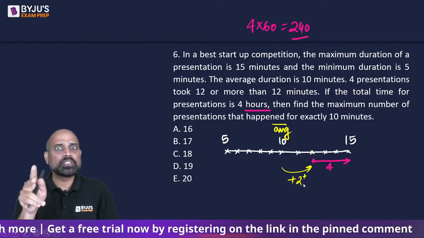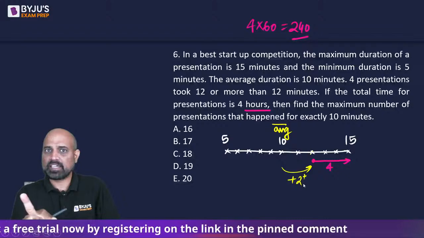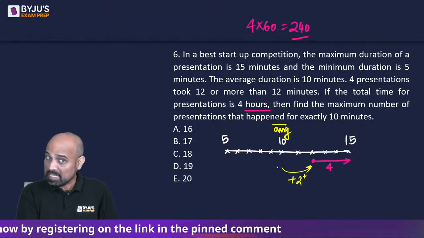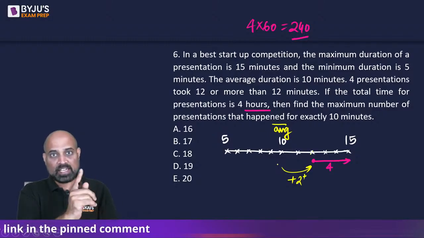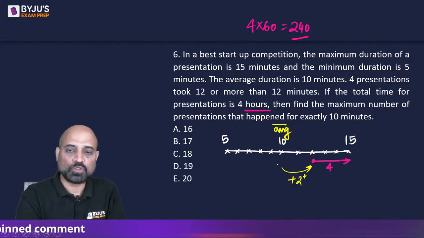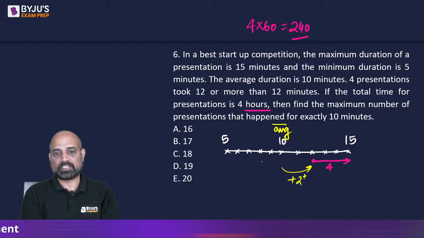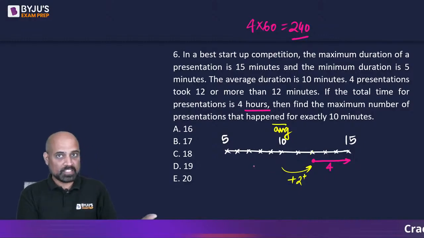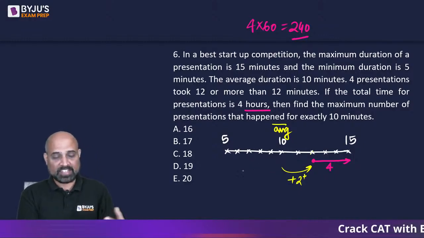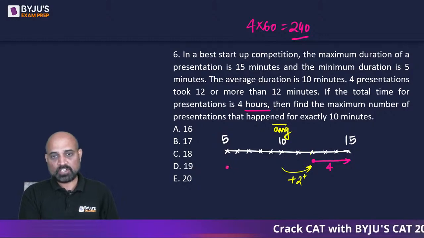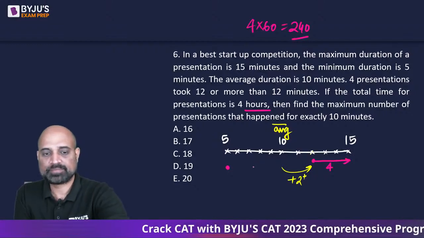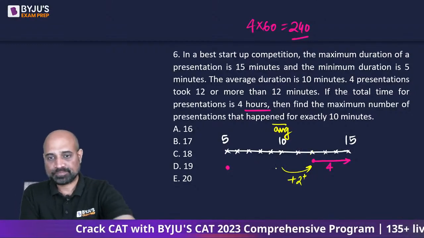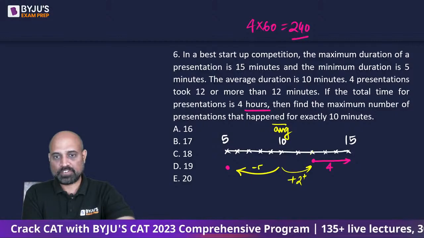Now, in order to compensate that 8 minutes or 20 minutes range with the minimum number of presentations which are less than 10 minutes, we can compensate 8 minutes with only 2 presentations. We need minus 8. So one presentation will turn out to be at the 5-minute mark. So that is already 5 decreased. Right? This is already 5 less.